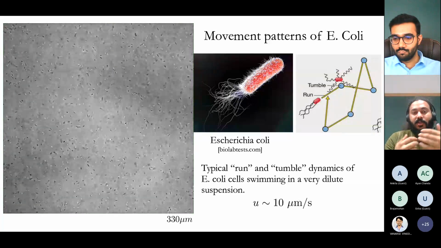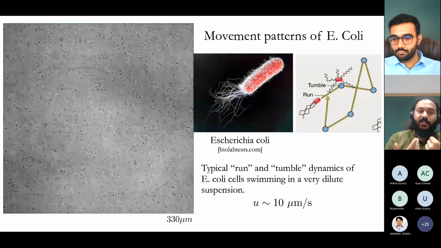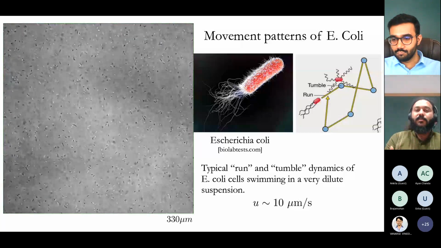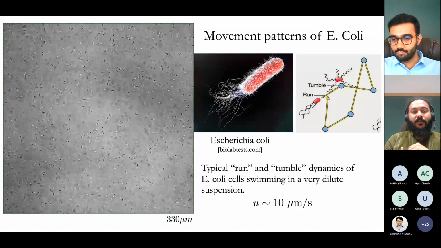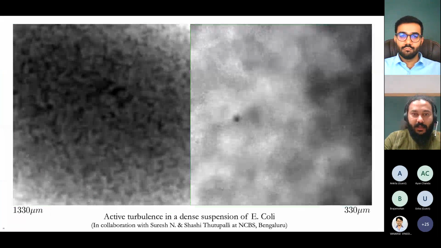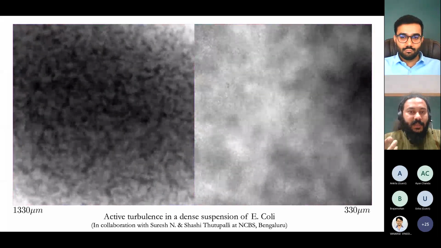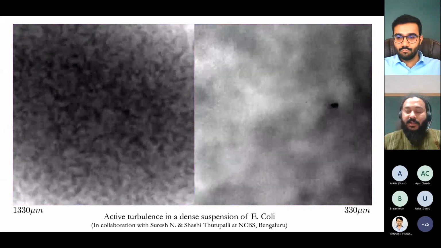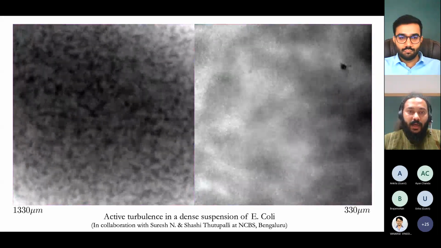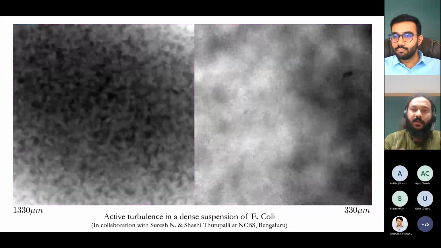I mention that because something very interesting happens when we concentrate this suspension. We take the same suspension, we centrifuge it, and then we have a very high density of bacteria. And then they do something very fantastic, which you see here. It's the same cells again, it's just that their concentration has increased a lot. The movie on the left is a larger viewing window, and then it's zoomed in on the right.